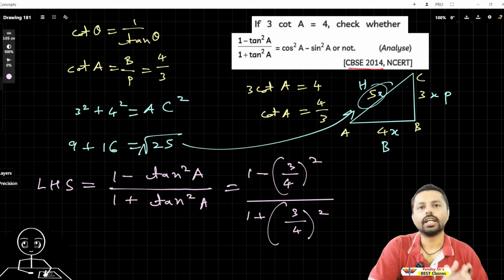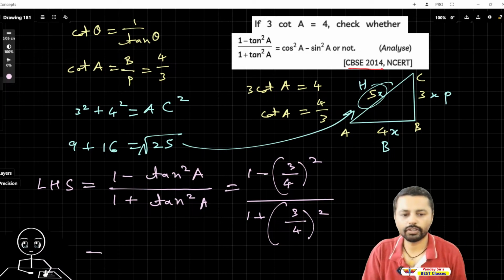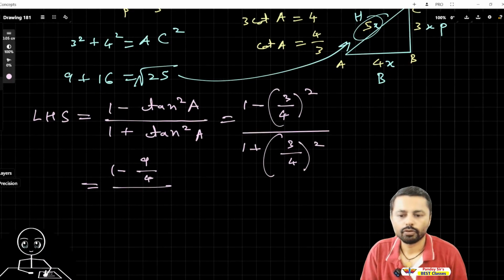Same in the denominator: 1 plus tan square A is 1 plus (3 by 4) whole square. So 1 minus 9 by 16, whole by 1 plus 9 by 16. This is what we do many times.